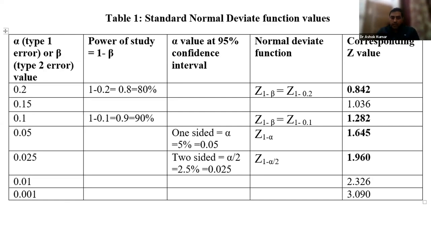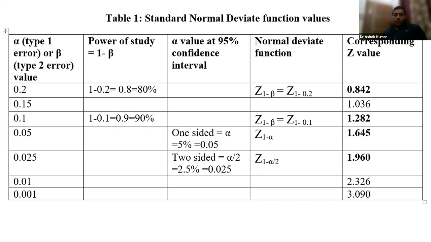There is a z table, and this is the mathematical formation, and we get these values. So we have to just remember these two values for calculation of our sample size. z 1 minus beta at 80% is 0.842, and at 90% is 1.282. We have to remember two things.